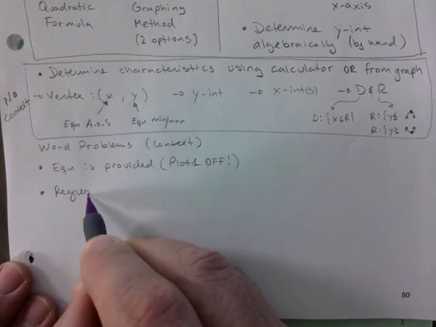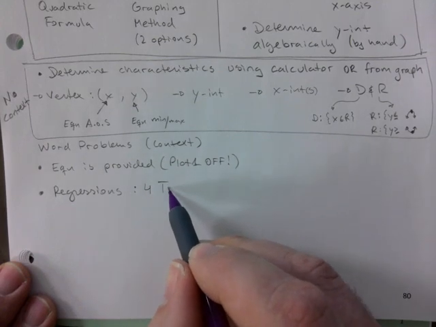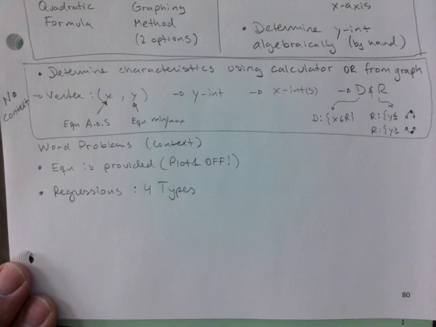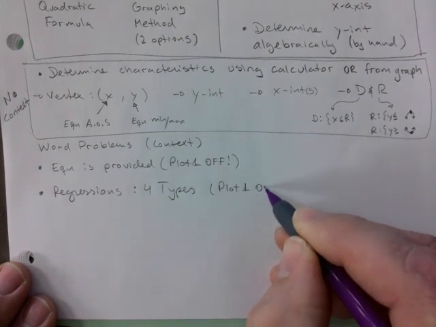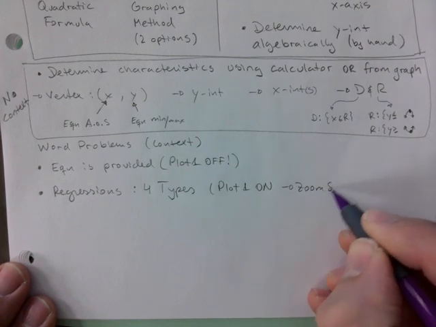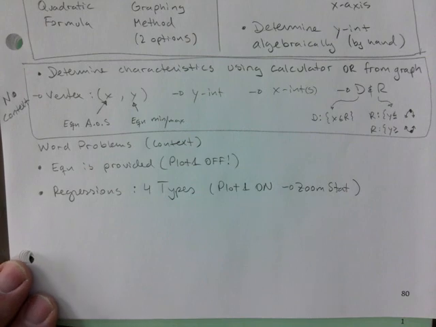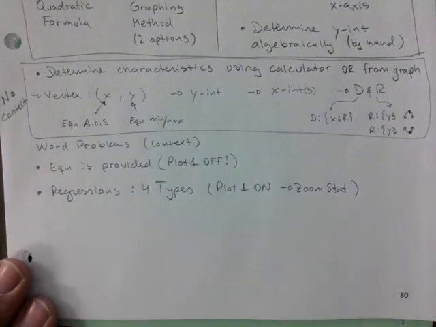Regressions, types here. Make sure plot 1 is on, because you want to use zoom stat. It might be that next year, whoever teaches you will not use zoom stat. That's fine, right? You just follow. There are other ways of doing things. But for us, we do it that way.